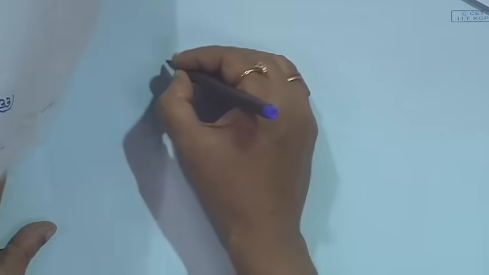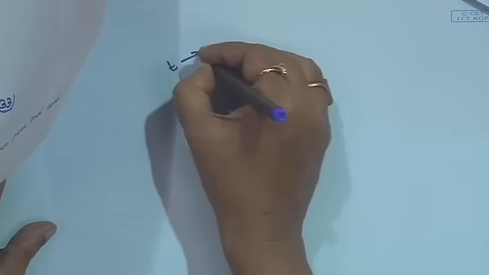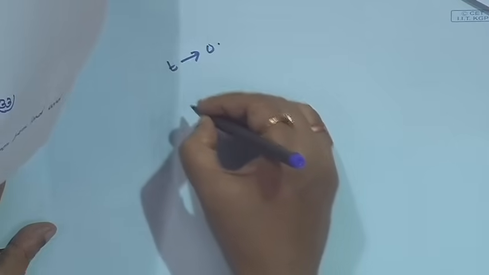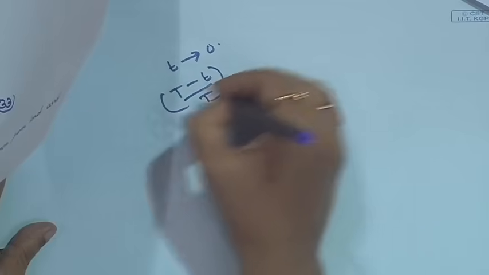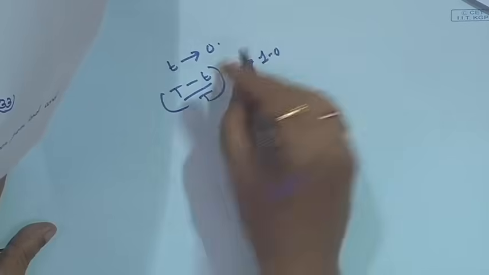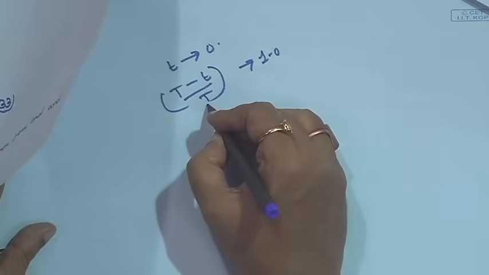First you consider equation 25, and the condition is case 2, that very short lasting peak, that means t tends to 0, so (T minus t) by capital T tends to 1.0.